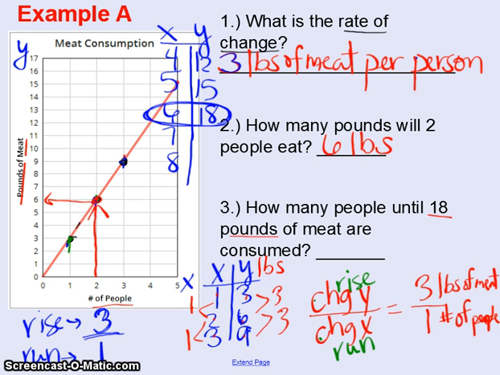So my answer is going to be 6 people. So it'll be 6 people when 18 pounds of meat are eaten. So it looks like a lot of work, but remember, for the first question, you can decide how you want to answer it. Do you want to do a table, or do you just want to do the staircases?